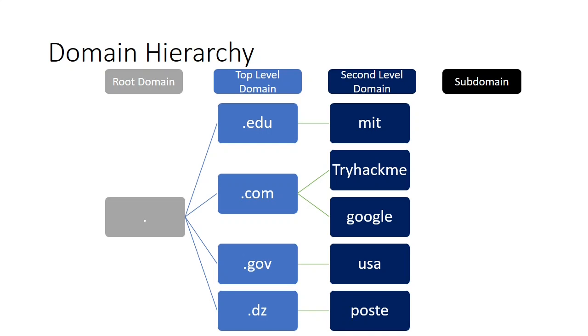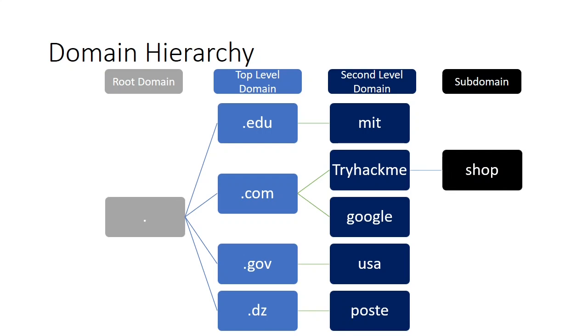Those 63 characters can only be A to Z and 0 to 9 plus the hyphen character, but it cannot start or end with a hyphen or have consecutive hyphens.